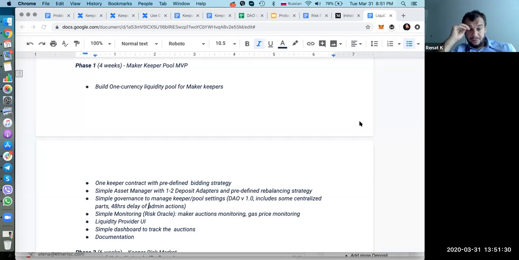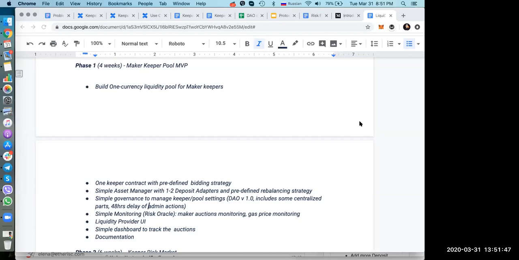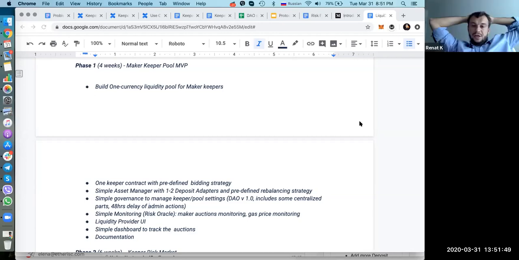And if we're talking about the phase 1.1, right? If it's feasible in 2 weeks, then we can probably have no asset manager, right? No rebalancing, just put DAI in, it doesn't earn anything, right?